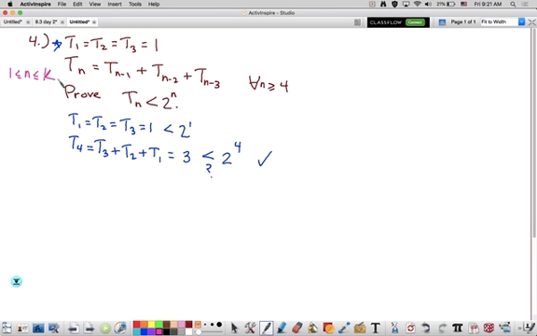So therefore, it works for all. So let's assume that T sub k, which is equal to T sub k minus 1 plus T sub k minus 2 plus T sub k minus 3, is less than 2 to the power of k.